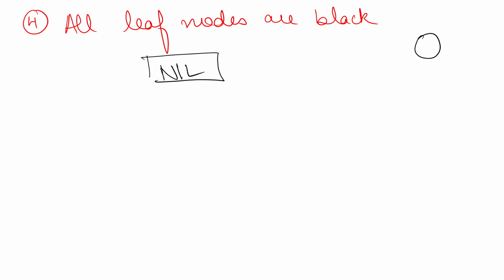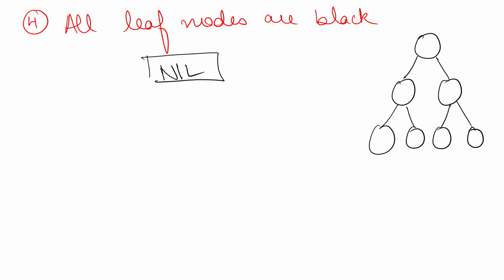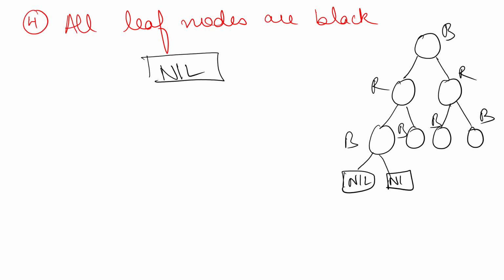Suppose let's assume this is a red black tree. When we are making this, it will be black, red, red. We'll understand how we are doing this in later classes. So nil, nil. That means that your end leaf node will be black. This will be black.